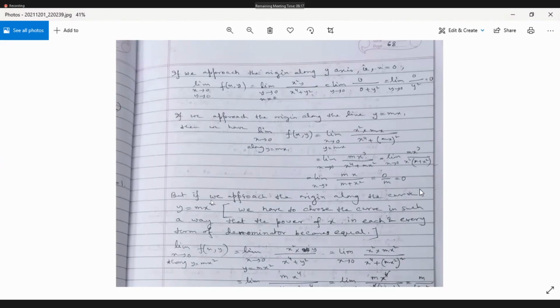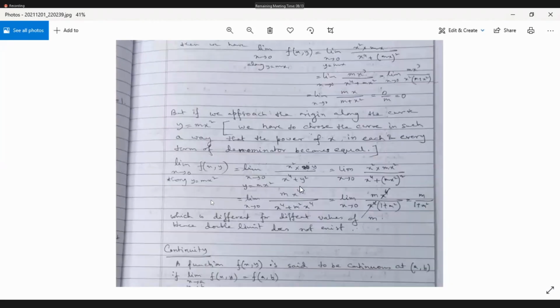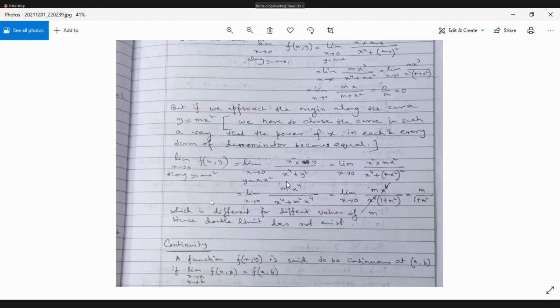Now suppose we move along the curve y equal to mx square. Let us move along the curve y equal to mx square. The numerator is x square into y. We are putting y equal to mx square. So x square into mx square by x to the power 4 plus y square, that is mx square whole square. So the denominator is x to the power 4 plus m square x to the power 4, and the numerator is m into x to the power 4.